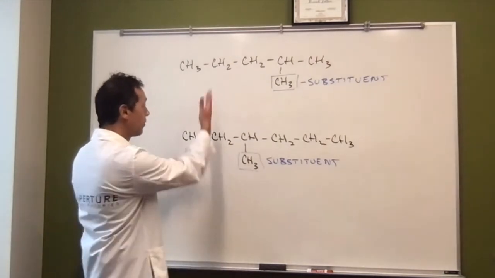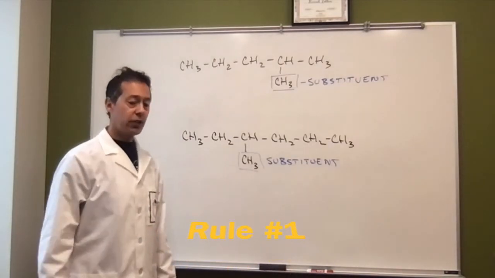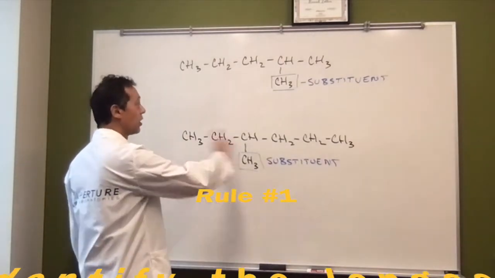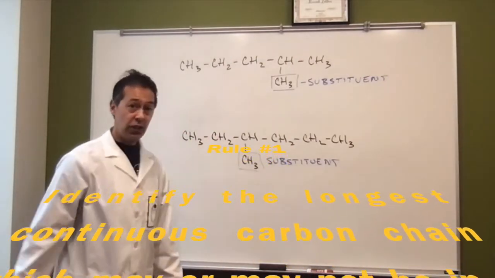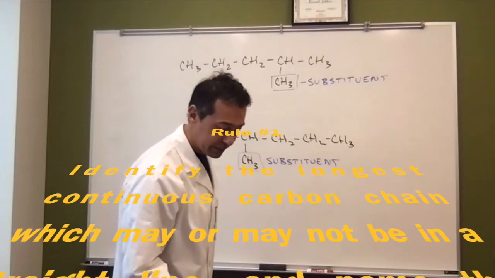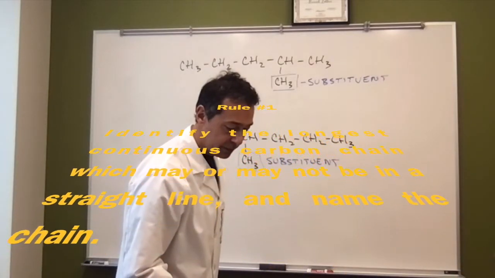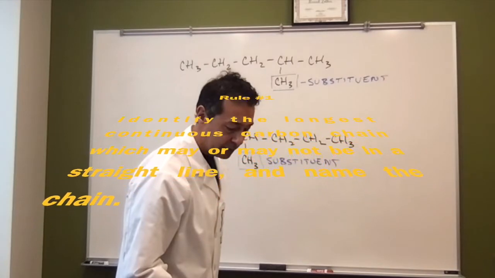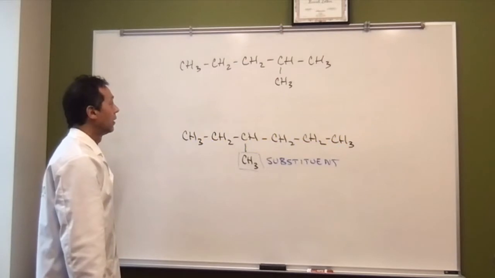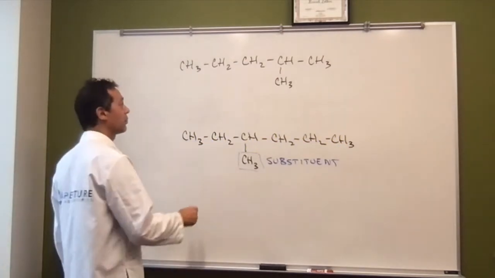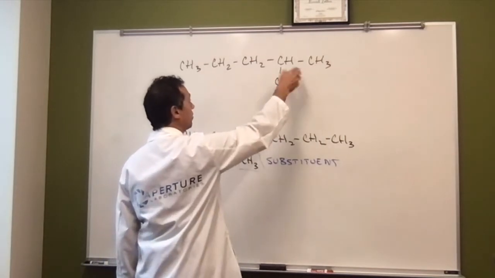All right, so two different molecules here. And rule number one is we want to figure out what is our longest carbon chain in each of these molecules. Taking a look at this top one here, the longest carbon chain could be in a straight line, but it doesn't have to be.